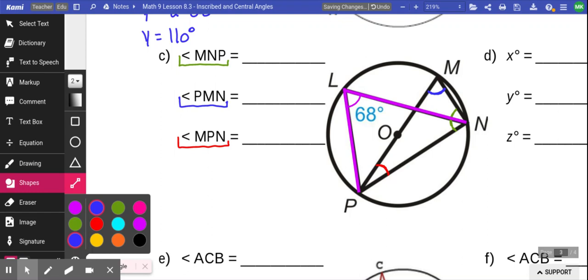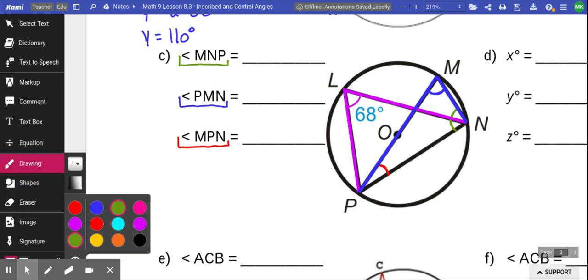That means that if I went from P to M to N, those are both inscribed angles. They should be the exact same thing. That means P to M to N should also be 68 degrees. So I can fill that one in. Awesome.